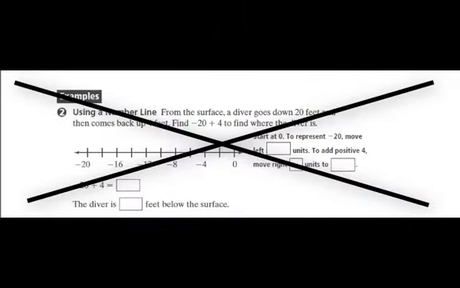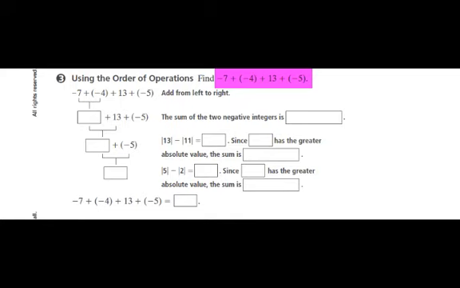We are not going to use a number line to solve adding and subtracting integer problems. Now we have a string of operations. We have -7 plus -4 plus 13 plus -5. We're doing nothing but adding, so we're going to solve this from left to right. First we're going to take -7 plus -4. That gives us -11.